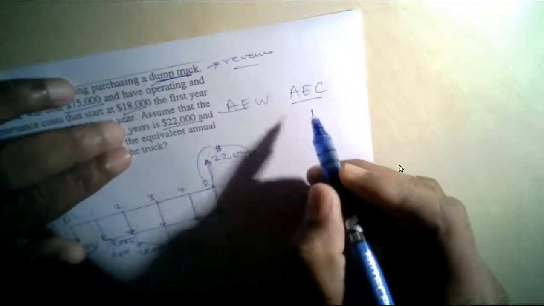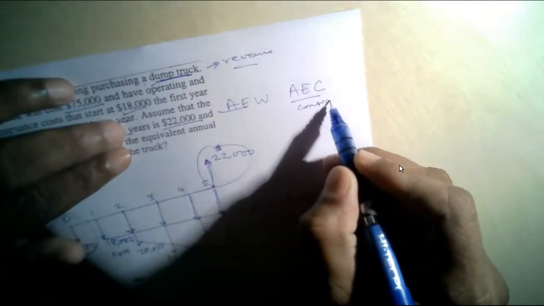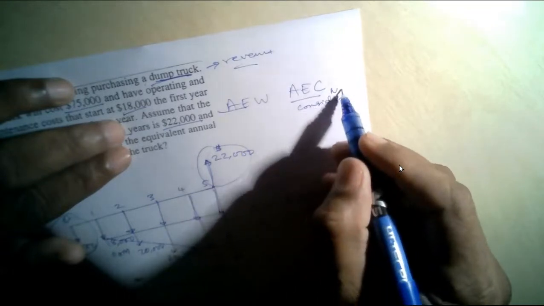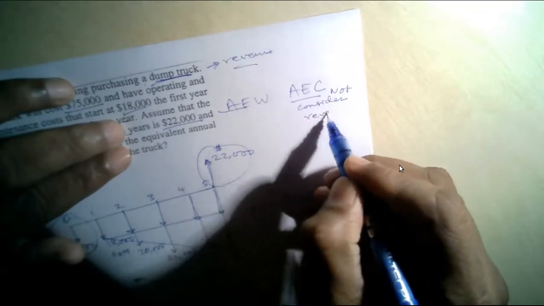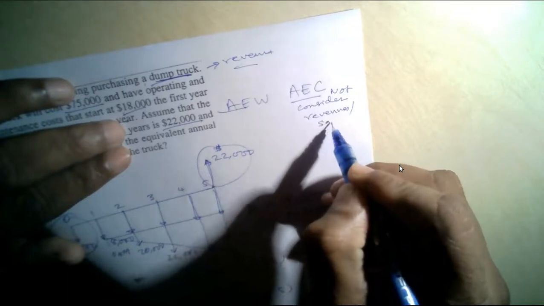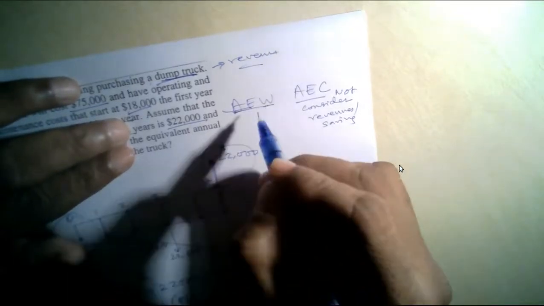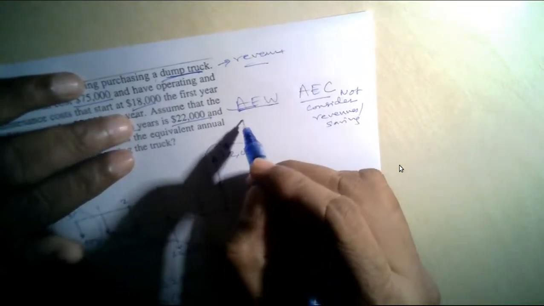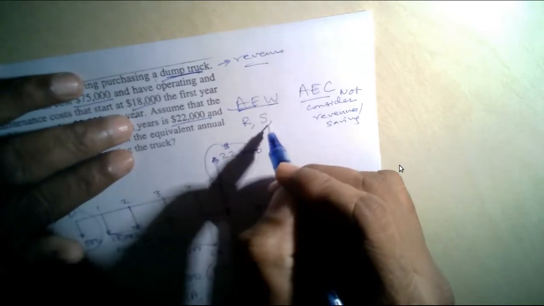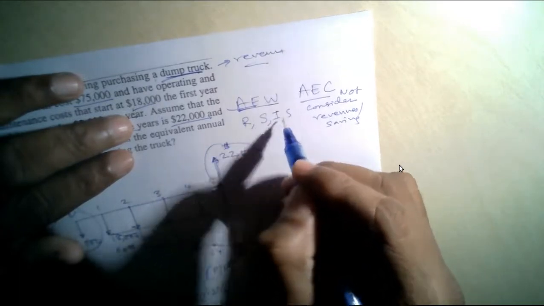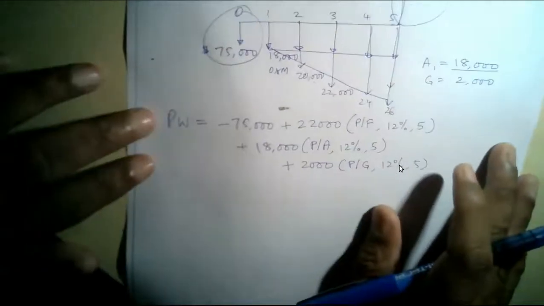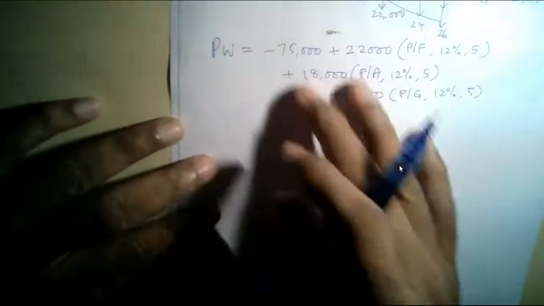In the annual equivalent cost, we do not consider the revenues or savings, whereas in the annual equivalent worth, we consider the revenue, savings, everything: investment, salvage value, everything. Anyway, let's come back here and quickly solve this.